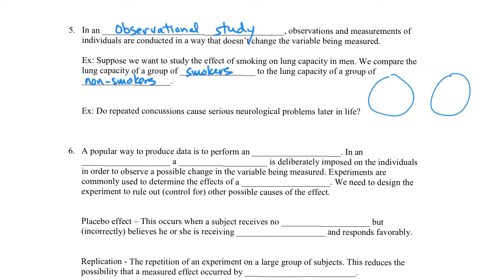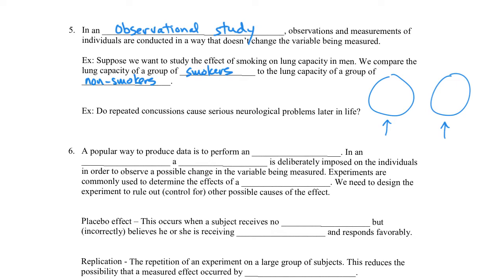And you say, okay, what we're going to do is have this group just do nothing, just go about life. This group here, we're going to have you start smoking a pack of cigarettes a day. Then we're going to come back in 6 months and measure lung capacity. Okay, so you can see this is not going to work. So instead of that, we would do an observational study.